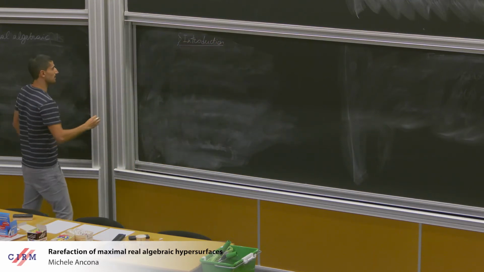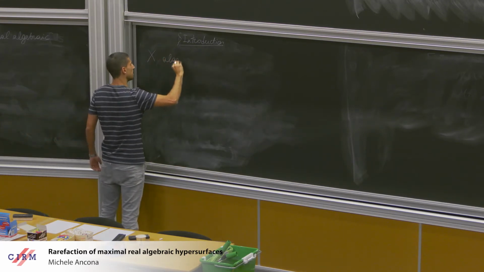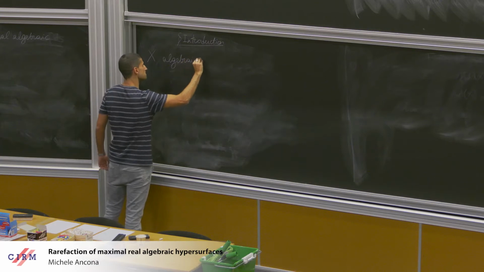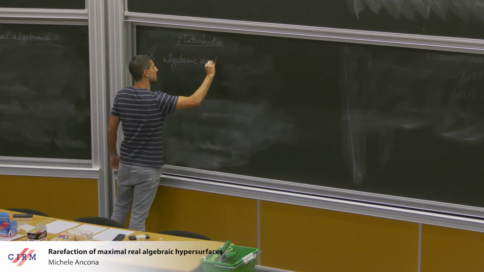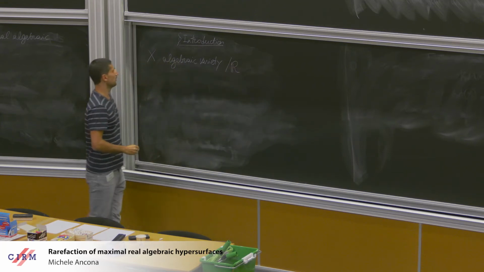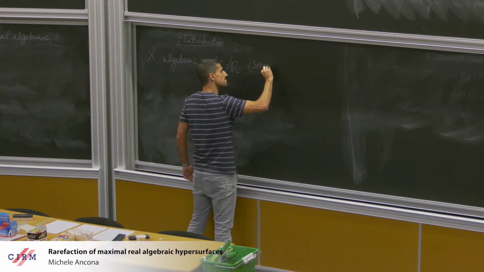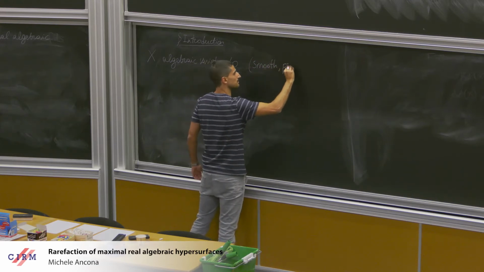So in this talk, X will be a real algebraic variety, so an algebraic variety defined over R. It will always be smooth and projective.